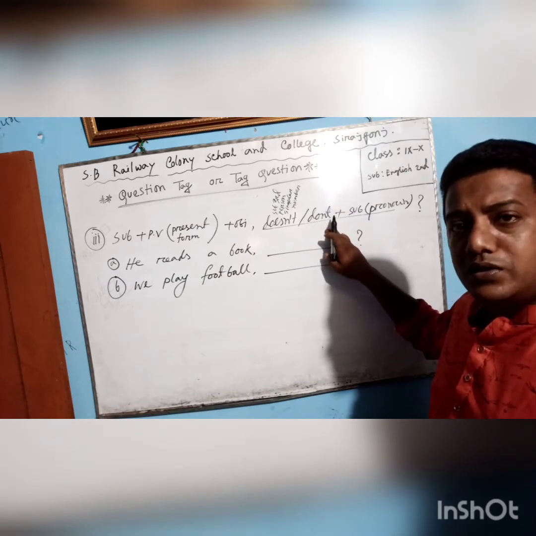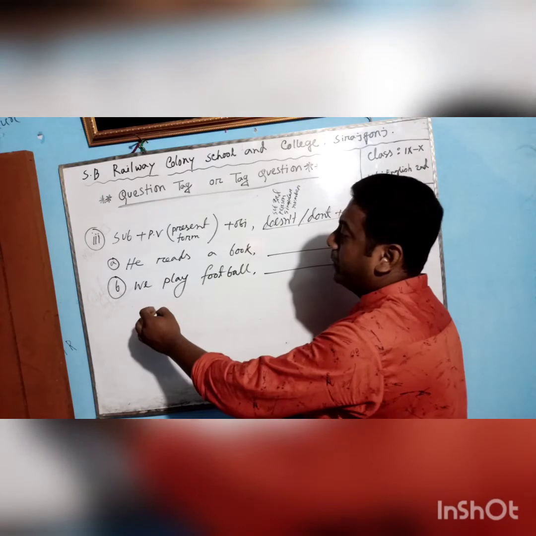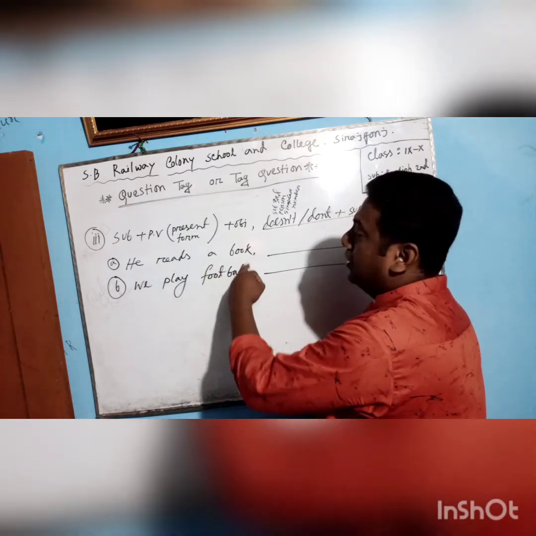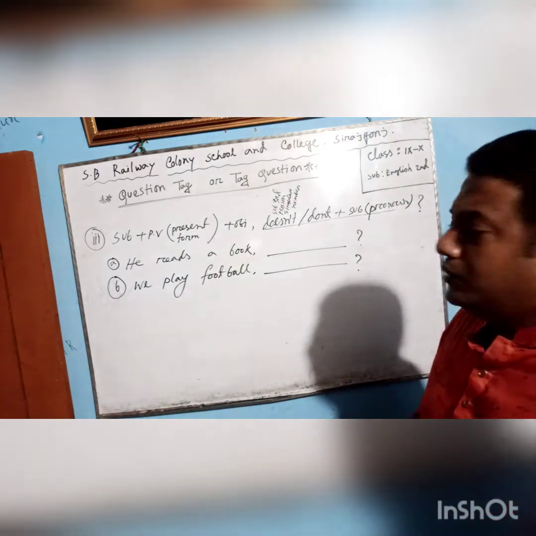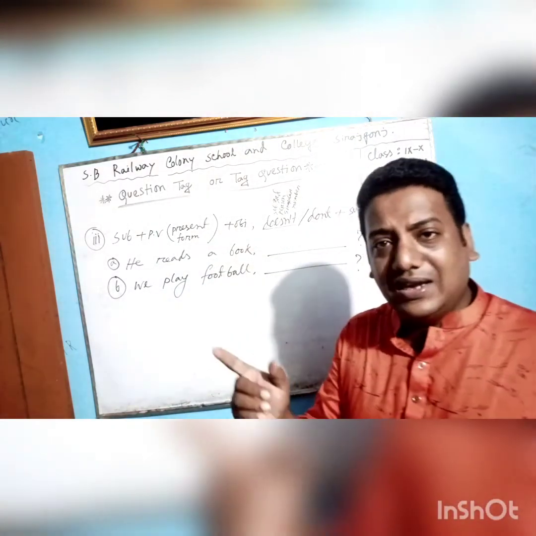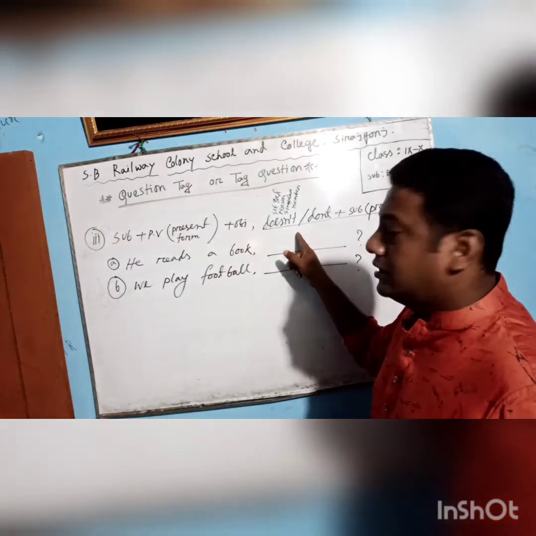In the first example, we can see that he reads a book. Here is another rule. If you see a verb with s or es, you use doesn't.